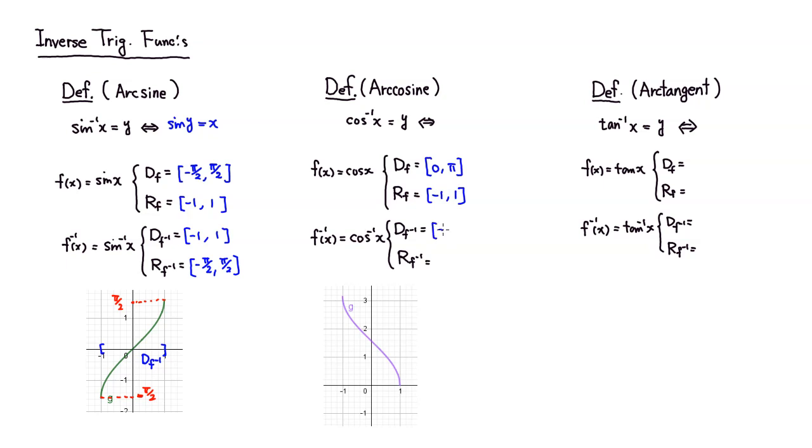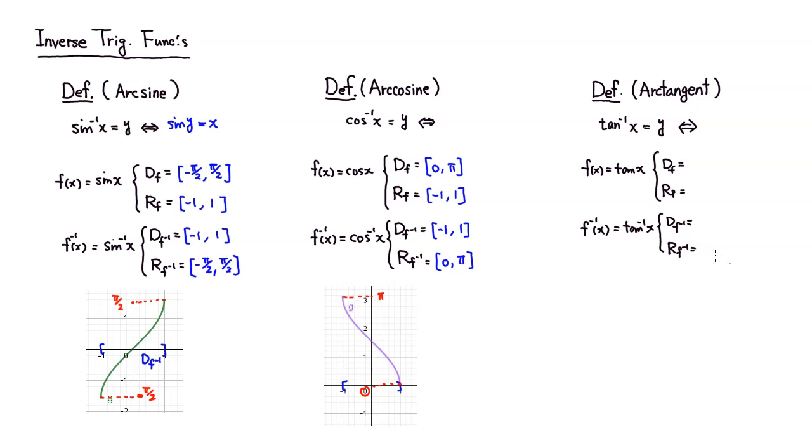So the domain of arc cosine is -1 to +1, and the range of arc cosine is 0 to pi. You can see that here, -1 to +1, and here is pi, and obviously here is 0. So that is the arc cosine.